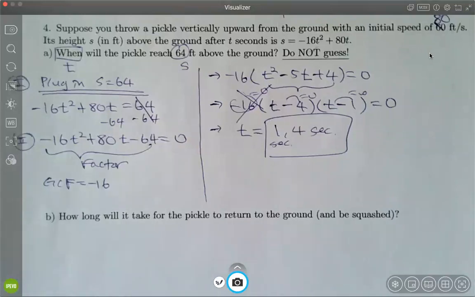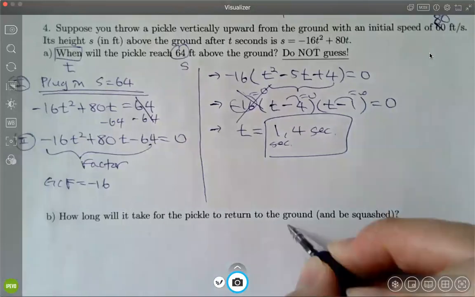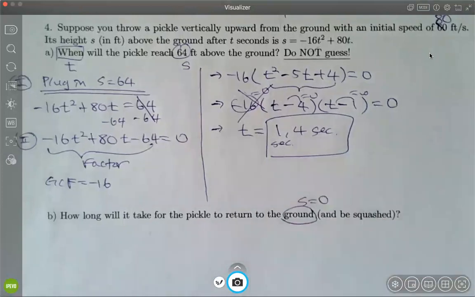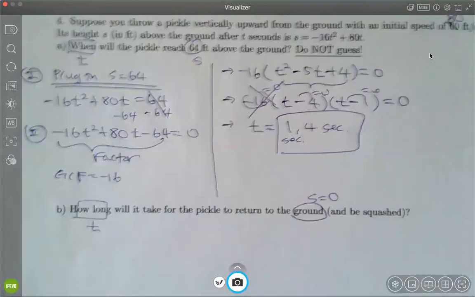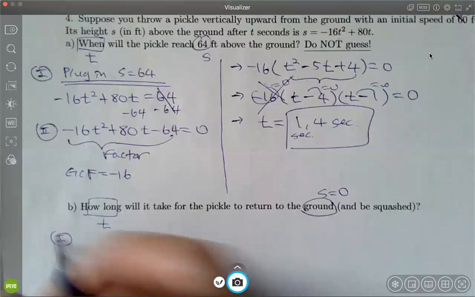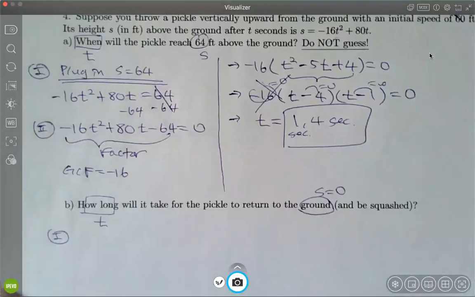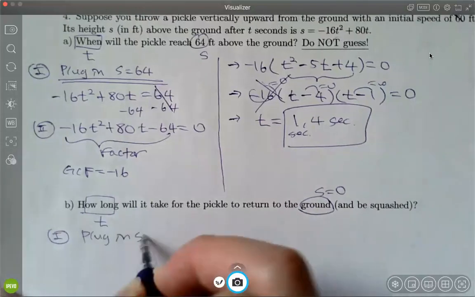And now plug in which value for S? 0. Does everyone see that? And now, what's the magic word? Ground. And it says how long, so it means find the time, right? Because of the word ground, which means the 0 height, we plug in S equals 0.